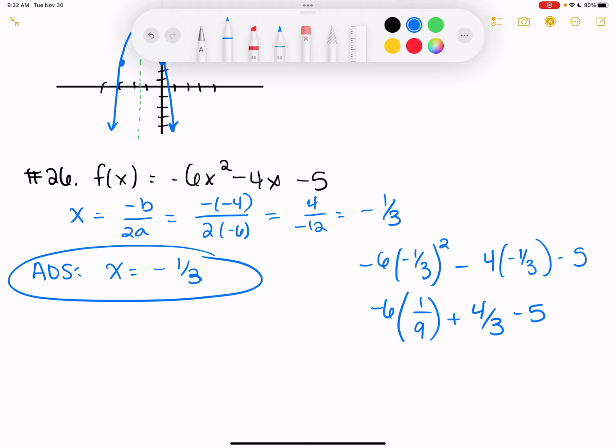I'm going to simplify. So negative 6 and 9, I can take a 3 out of both. So it's going to give me negative 2 over 3 plus 4 over 3. And I'm going to go ahead and make this 5 be 15 over 3.